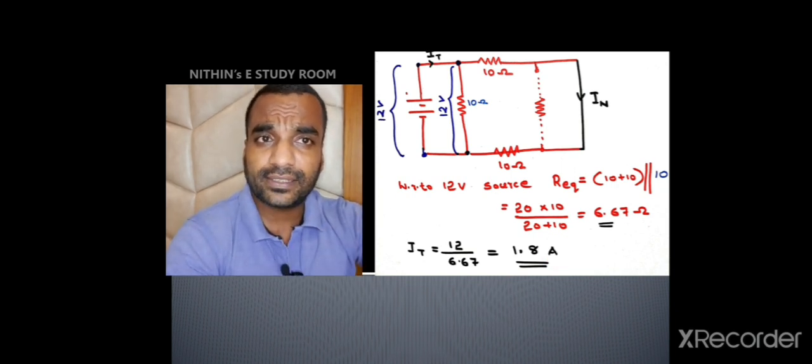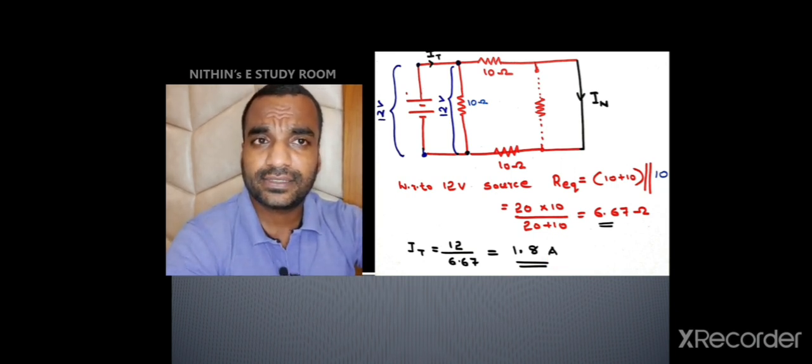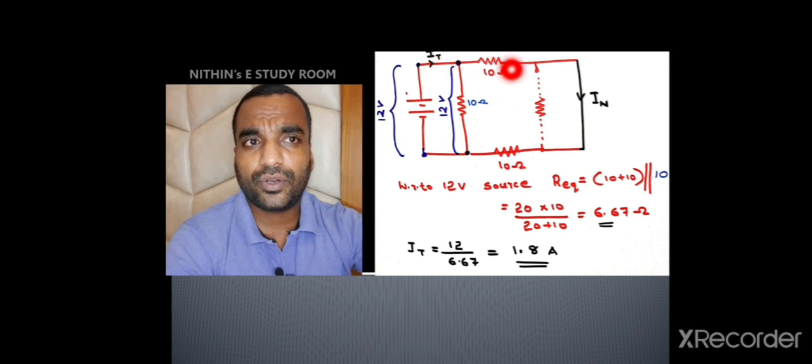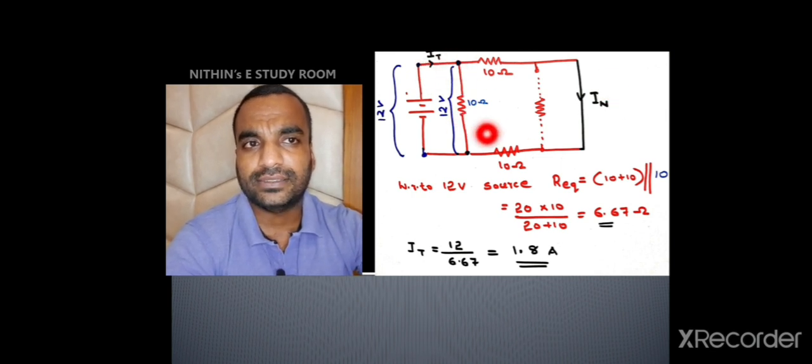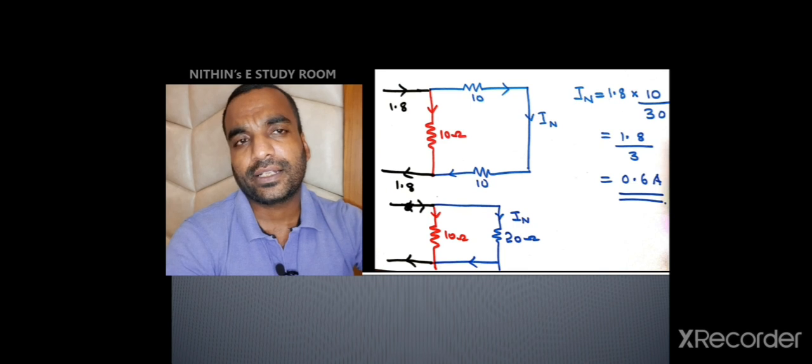So IT is the current that you will get in this branch, and you have to find IN. So IT is getting split into two branches. One branch is this and one branch is this. So you have to apply the current division rule.